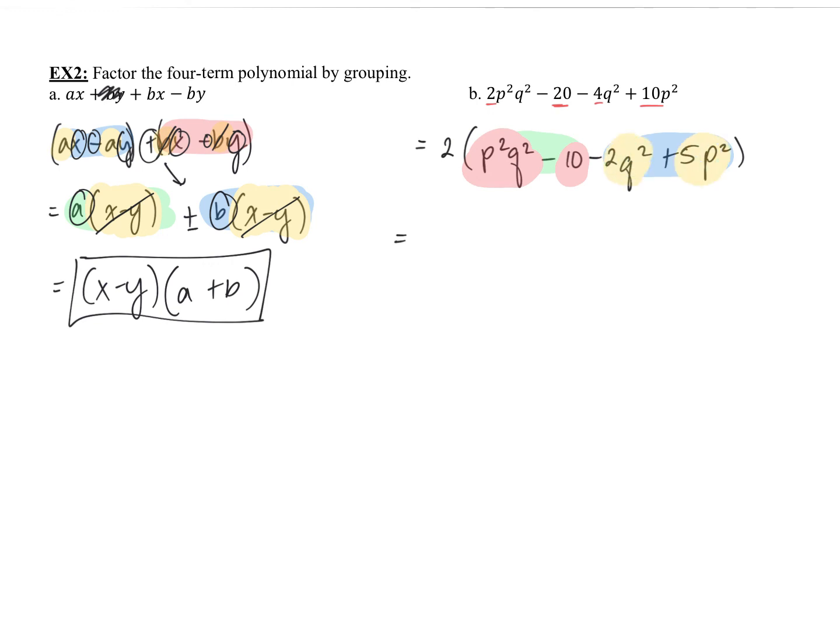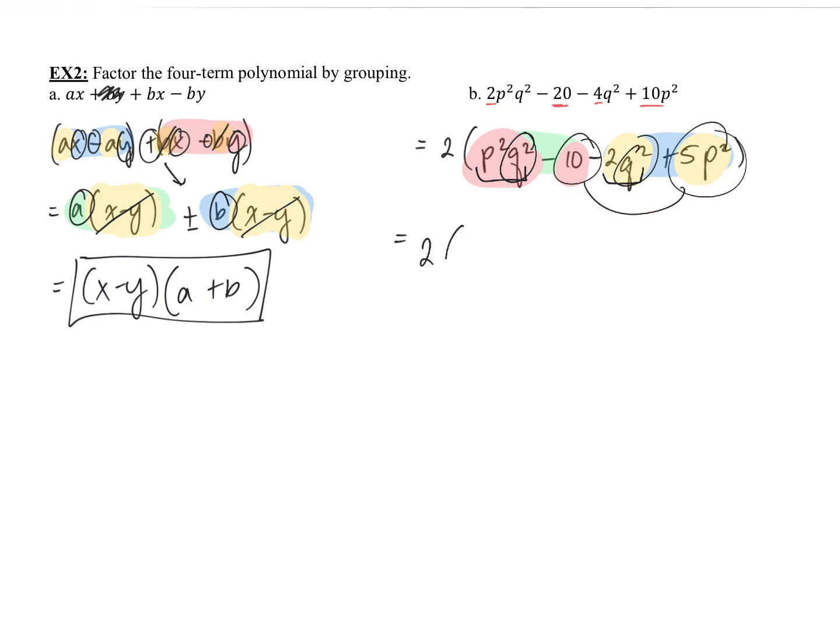So that grouping doesn't sound like a good idea. So now we run into that one time, which is unusual in this course, where we do have to switch around the terms. So I'm going to go ahead and pair off the 2q squared with the p squared q squared, because they both have a q. Which then means I'll pair the 10 with the 5p squared.